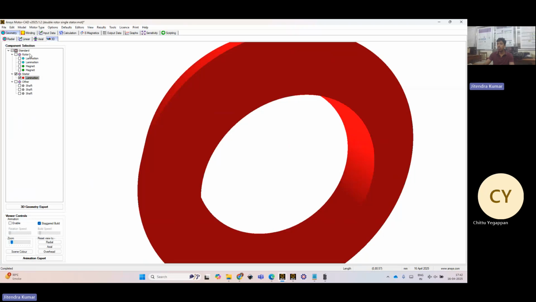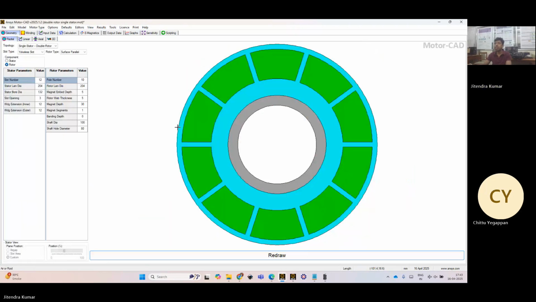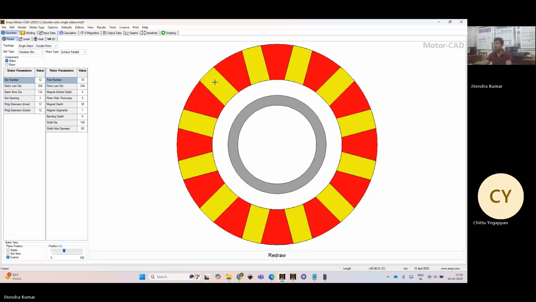In radial flux, how are windings generally wound? Axially, isn't it? Yes. Here the windings will be like that. This is the way of winding along the tooth. No yokes are present.